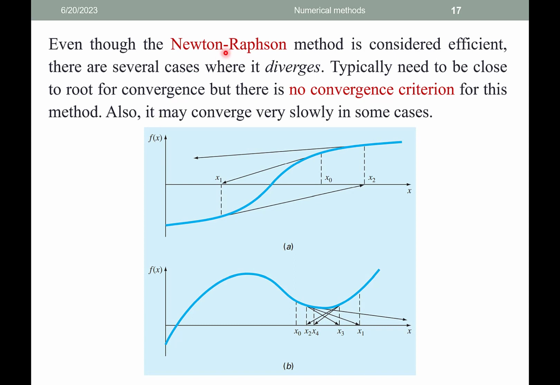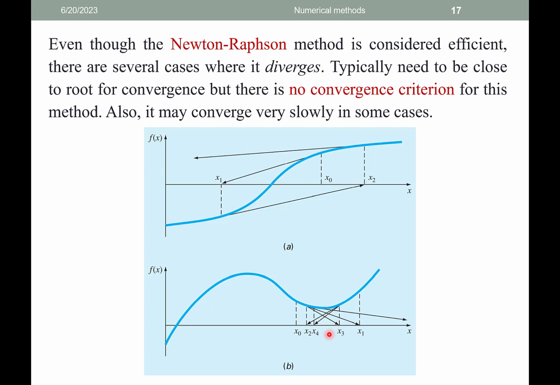All right, one thing to note here, though, is that Newton Raphson is not immune from diverging. We can see here some examples where it diverges. Imagine we had this type of function and an initial guess x0 here. Draw a slope, x1 here, draw a slope, x2 here, draw a slope, and it's gone away from the root, which is right here.